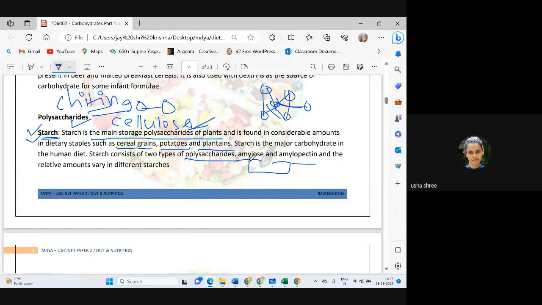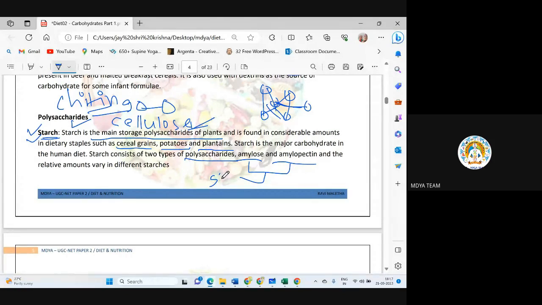I think they are broken down further. No, they join to form starch. So these both are polysaccharides. Why are we saying starch is also a polysaccharide? Maybe because of their structure.